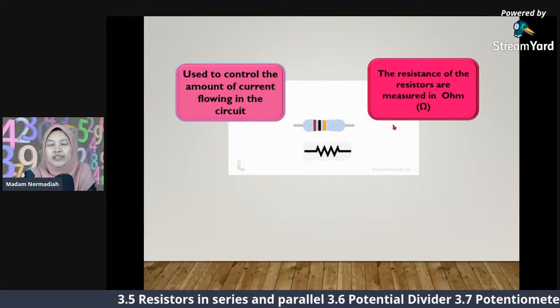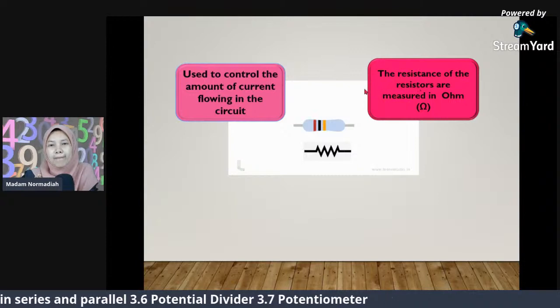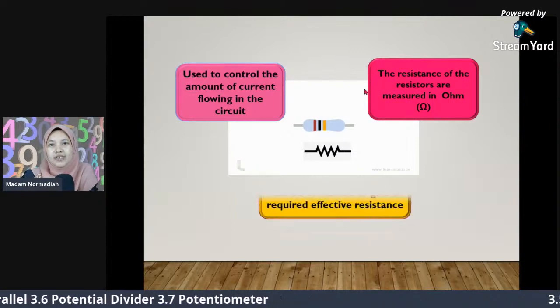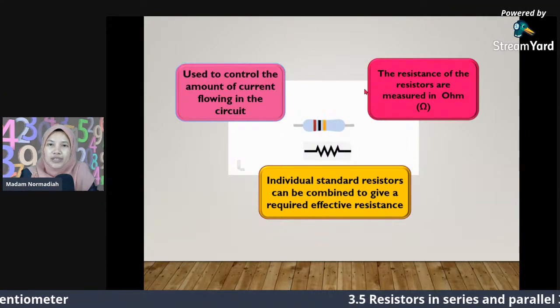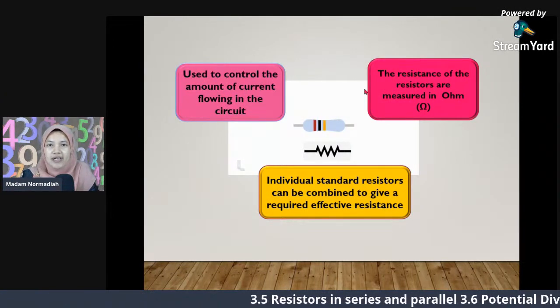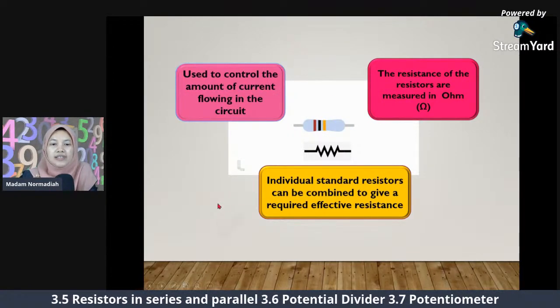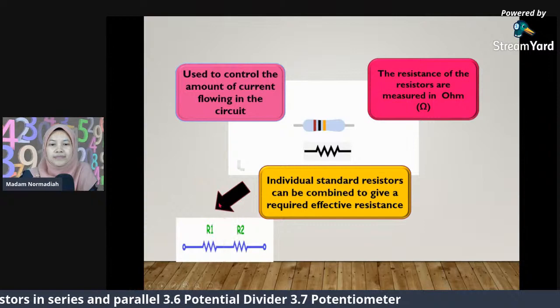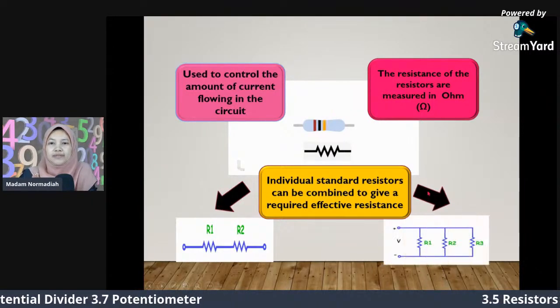We can measure resistance in the unit ohm. The individual standard resistors can be combined to get the effective resistance, so we can combine them either in series arrangement or in parallel arrangement.